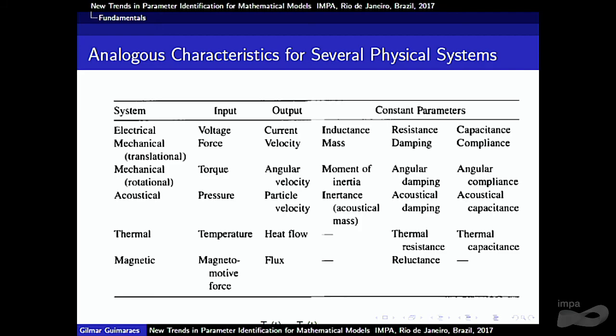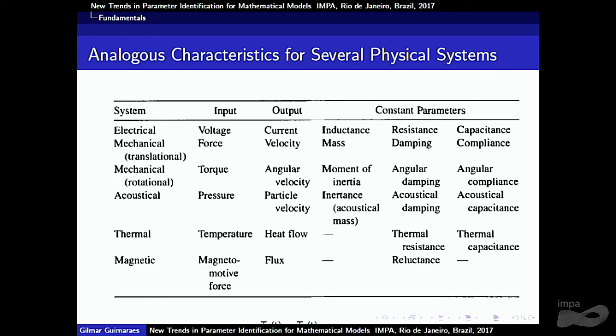In this case, the response of the system is a function of the thermal resistance and the thermal capacitance. So this is the idea that we use, to try to use the procedure of the dynamic system in order to obtain the properties, because in dynamics it is very common.